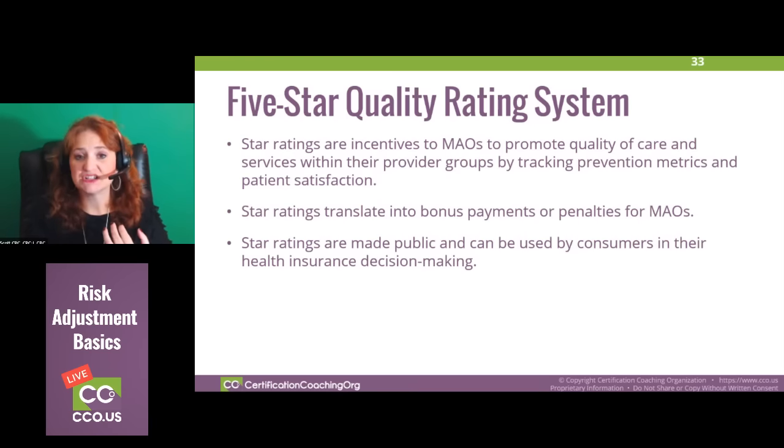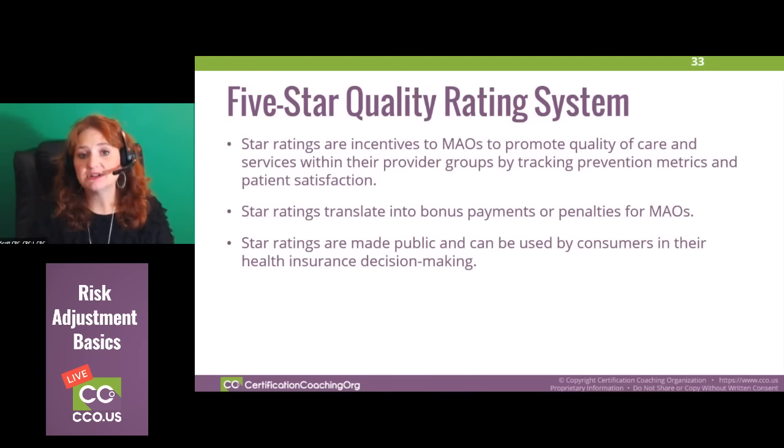They're tracked on customer service, the extras that they give to their people, as well as the information being collected. All of that plays a part, and that's translated into bonuses for those MAOs, which means that they can turn around and give those extras to their clients.